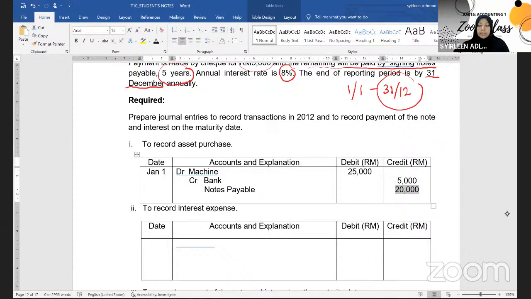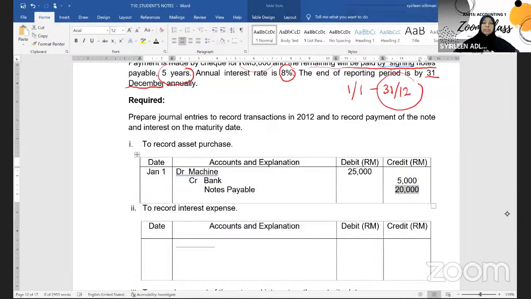Okay, tapi dalam perakaunan, as you learn in topic 5, apa saja belanja yang berlaku pada tahun semasa mestilah dicatat untuk tahun tersebut sahaja, regardless payment made or not. So you need to recognize the interest expense for the particular company on every closing date.